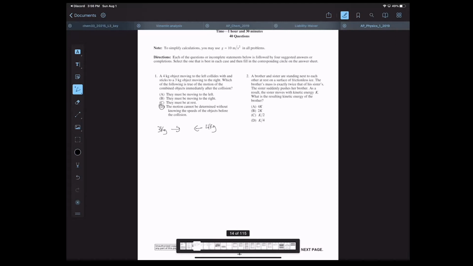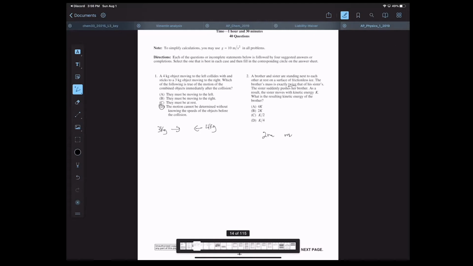Okay, so brother and sister are standing next to each other at rest on frictionless ice. The brother's mass is exactly twice the sister's. The sister pushes her brother. Okay, so let's see, the 2m is the brother and m is the sister. So the sister pushes her brother and then she moves with kinetic energy k. So first of all, momentum is conserved.